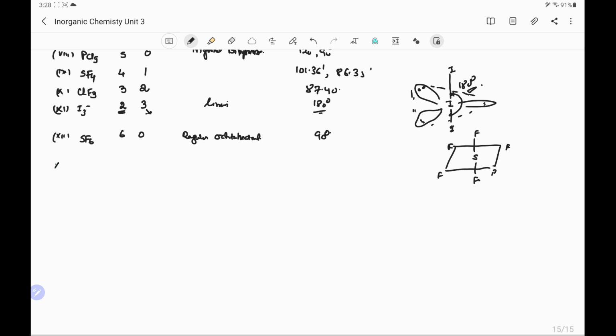Another similar shape is BrF5. It will have 5 bond pairs and 1 lone pair, with an octahedral shape, which is deformed because of the lone pair, and the angle will be 84 degrees 30 minutes.